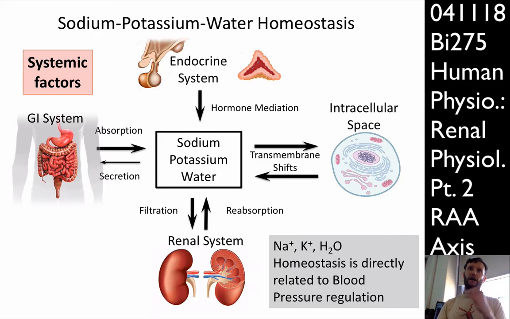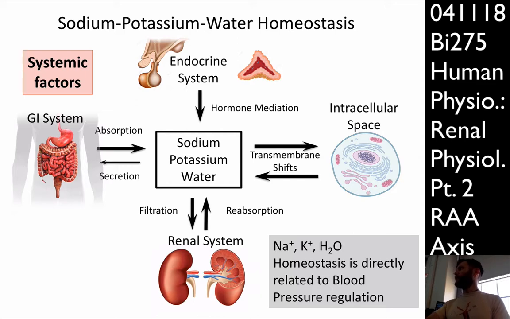Fluxes in sodium and potassium across the membrane are what give cells the ability to form graded potentials, and excitable cells the ability to have action potentials. There is an osmolarity that needs to be maintained within the intracellular space. So there's a significant amount of fluid and electrolytes that's contained and exchanged from the intracellular to the extracellular space across the membrane.